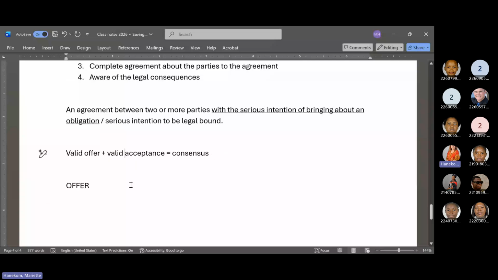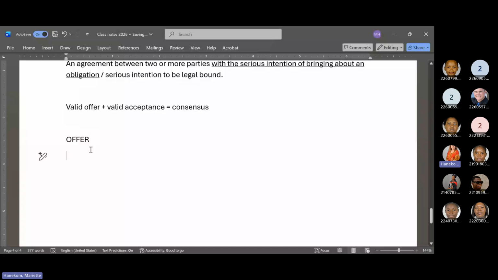So obviously, if I'm saying it must be valid, you're going to be thinking already now, because you're smart, what are the requirements? Which requirements have to be met for an offer to be valid?